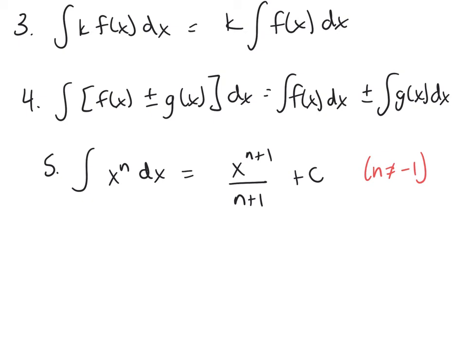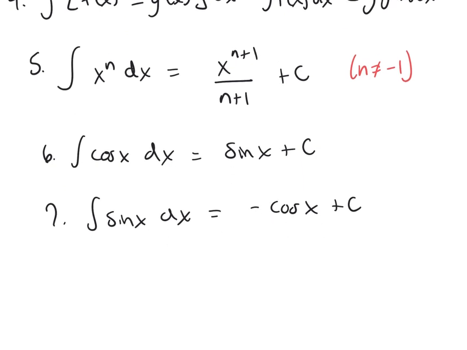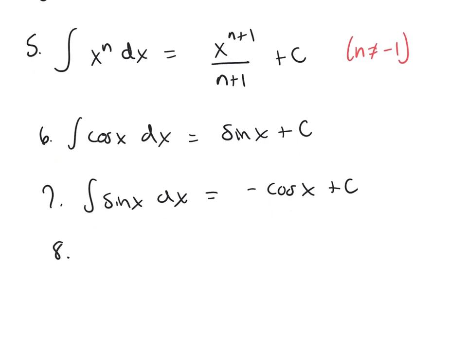Rule number 6, the integral of cosine is sine, because the derivative of sine is cosine. The integral of sine is a minus cosine. These next ones are all trig functions. The integral of secant squared, what function has derivative secant squared? It's tangent.